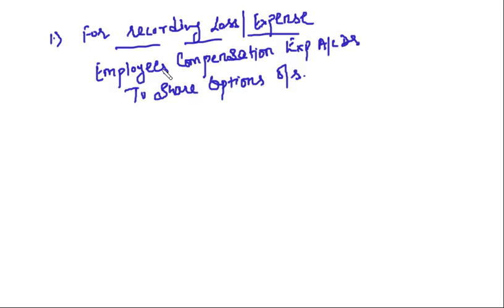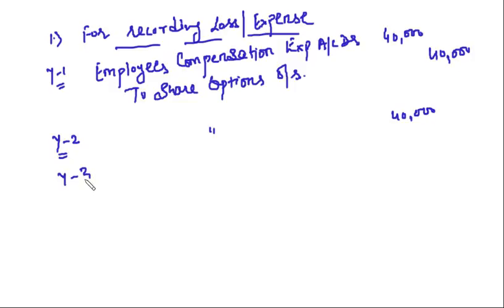Now this is year 1. 40,000 is to be recorded in year 1. Then year 2, same entry, 40,000. Then year 3, same entry, 40,000. Then year 4, same entry, 40,000.